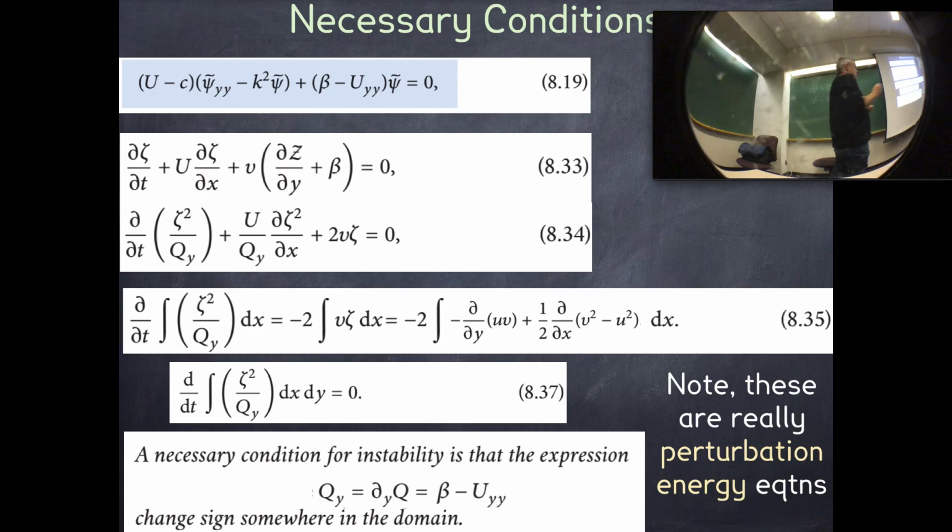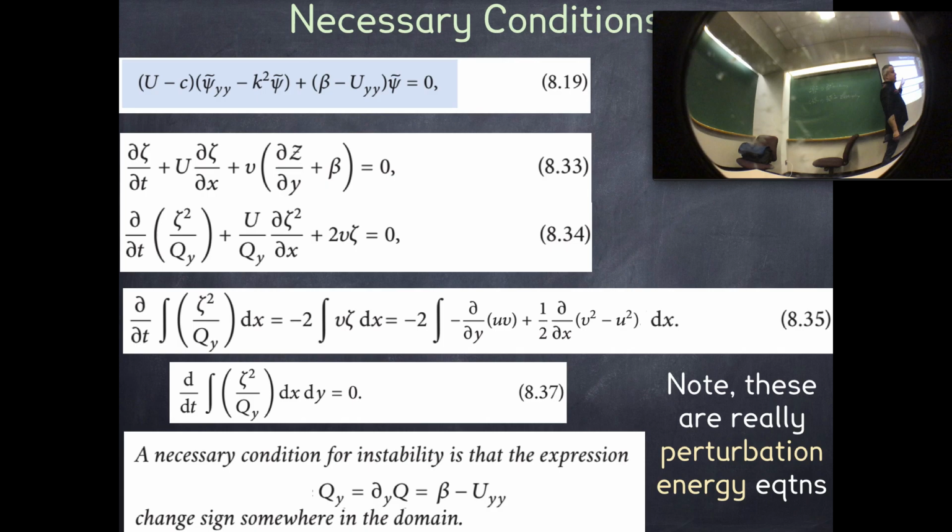So u and dq/dy don't depend on x. Why not? There's no variation in the x direction. We're talking about plane parallel flow. And so the x direction is the direction in which nobody's varying, except for maybe the instability, but not the background flow. So these are just constants in x.